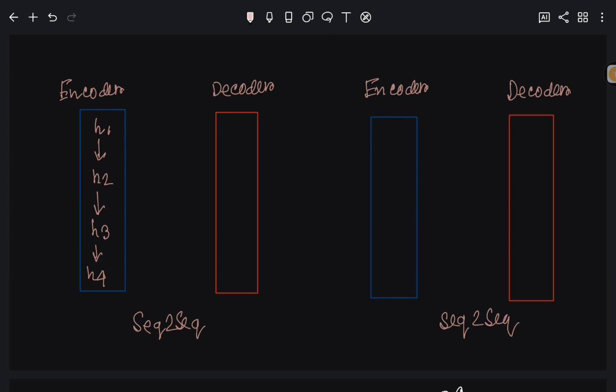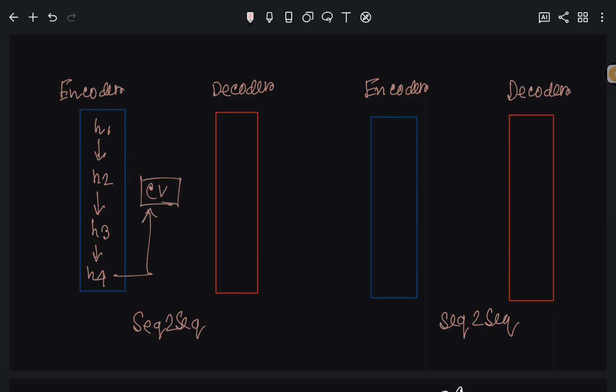All these intermediate hidden states, h1, h2, h3, are not being used fully. We just hope that h4 has the information related to h1, h2 and h3, and using that h4 we create our context vector.